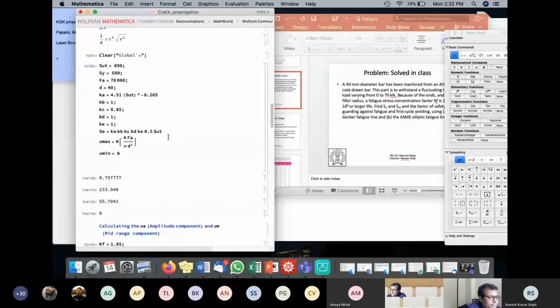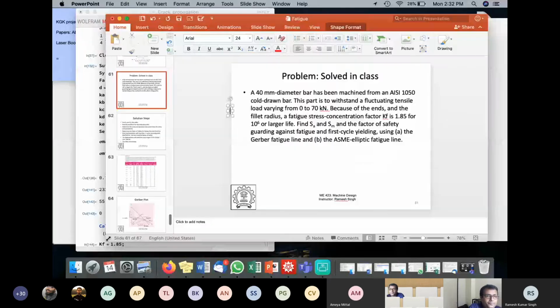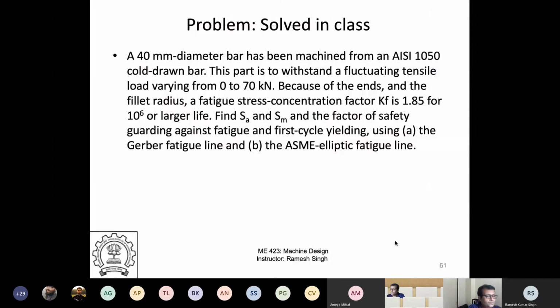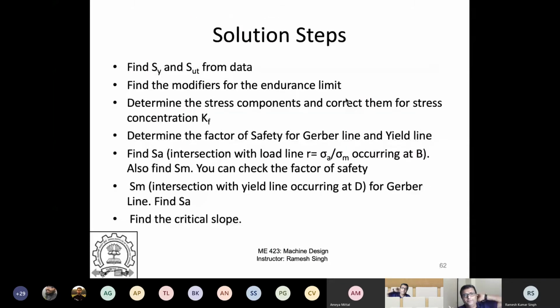Second step is, let me do this. I have to find the modifiers for the endurance limit.